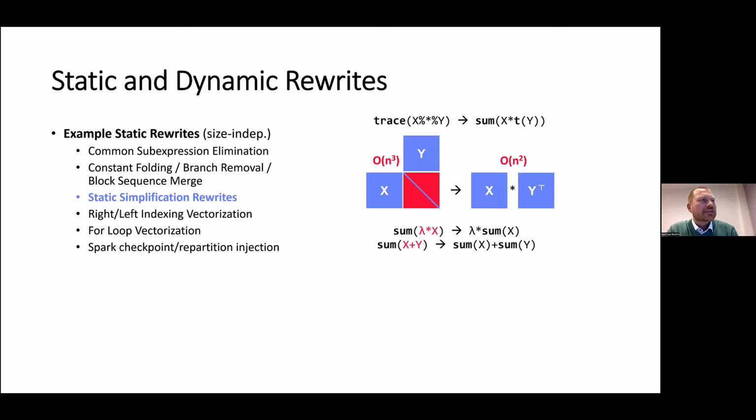So the first rewrite is a trace over a matrix multiply. So assume two squared matrices, matrix multiply, cubic complexity, and you take the trace, which is you take all the elements from the diagonal and you simply sum them up. Now, this is a lot of wasteful computation. So everything that's off the diagonal is actually totally unnecessarily computed.